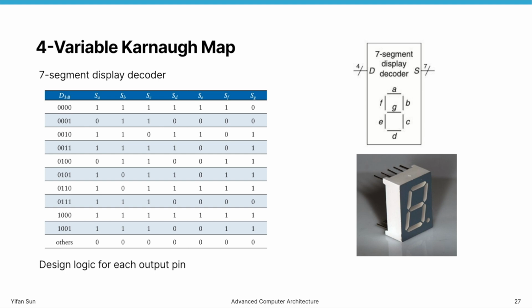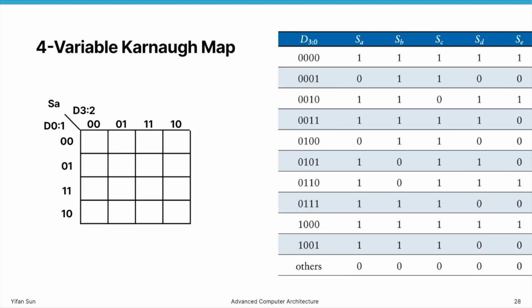So let's look at SA. Right? The output is SA. And we put D0 and D1 there, D3 and D2 there. Then we put this kernel map like this. Fill in the kernel map. Okay. So for example, 0, 0, 0, 0 is 1, and we'll just put 1 there.